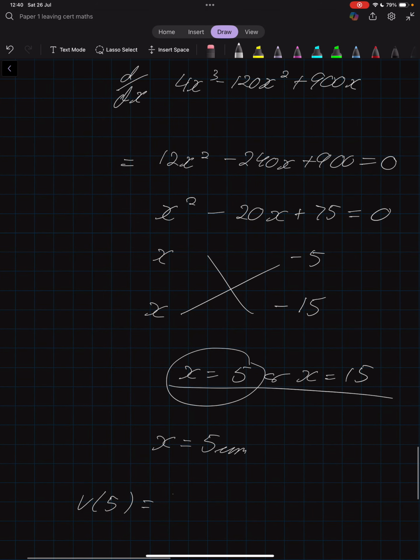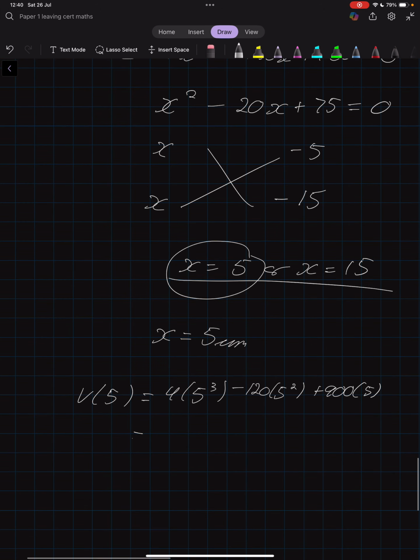I'm left with 4 times 5 cubed minus 120 times 5 squared plus 900 times 5. 5 cubed is 125, so 4 times that is 500, minus 3000, plus 4500.